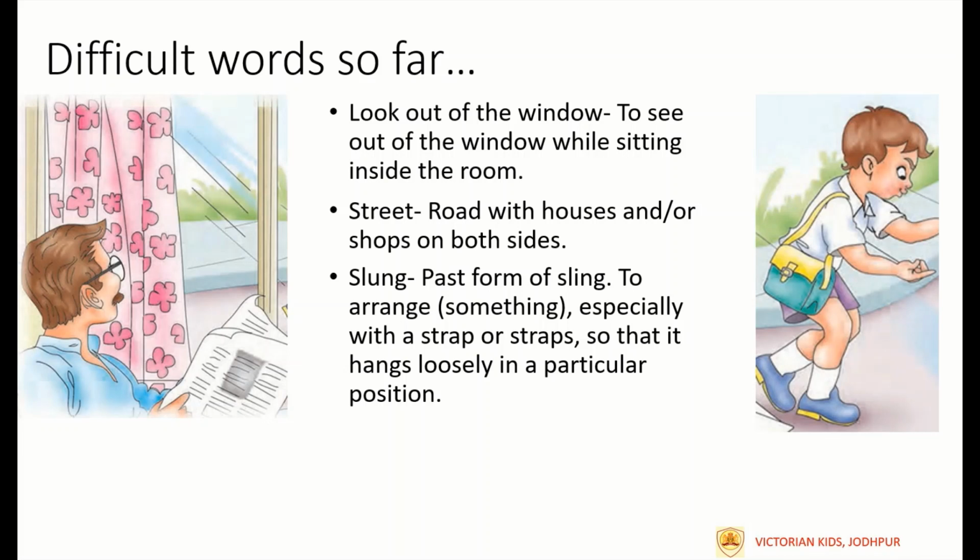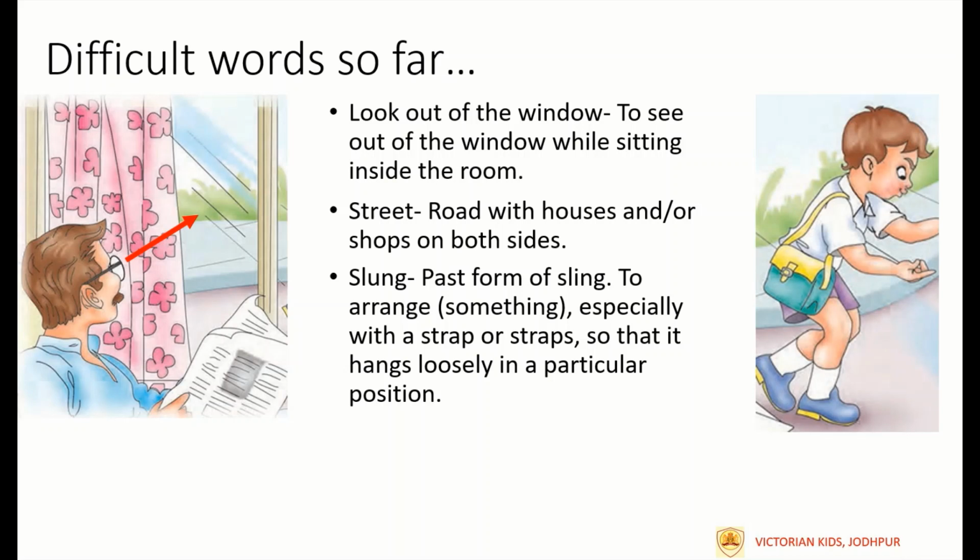Now I will explain to you the meanings of the underlined words from previous paragraphs. The first phrase is look out of the window. It means that you are sitting inside the room and looking at what is going on outside the window. In this picture, you can see Mr. Roy looking out of the window of his room.